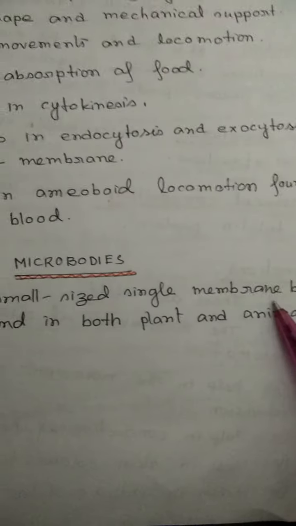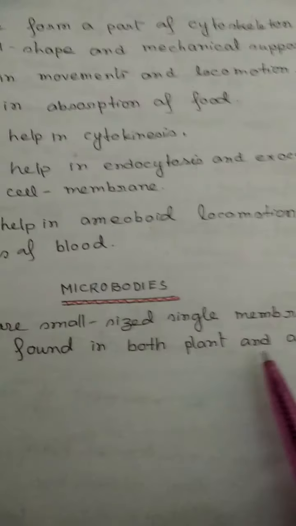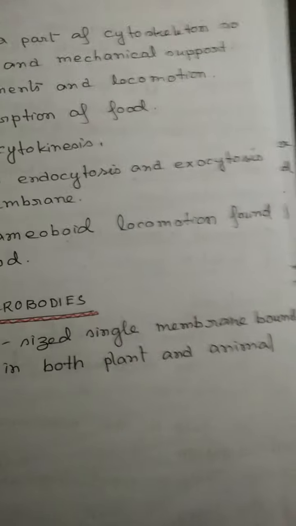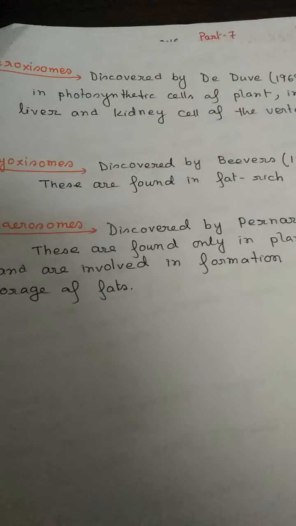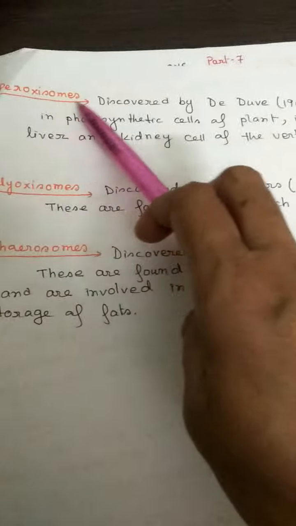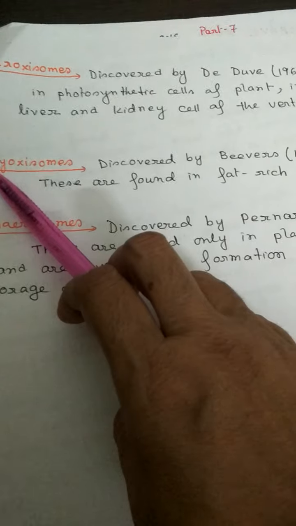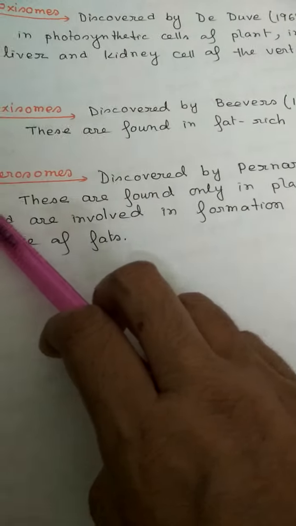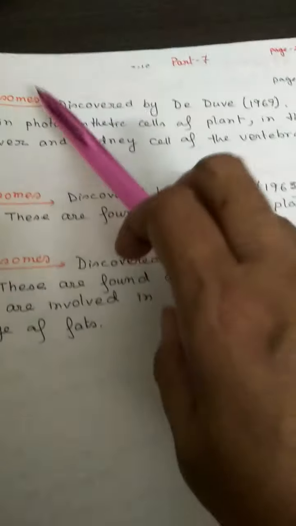Then microbodies. These microbodies are small, membrane-bounded structures found both in plants and in animals. The microbodies are peroxisomes, glyoxysomes and spherosomes. These are the three types.